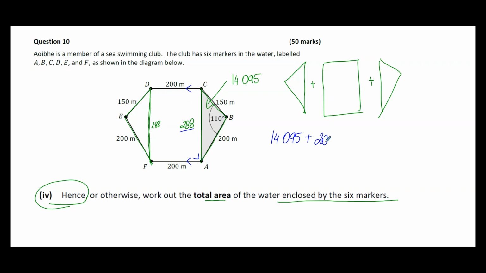So that means 200 multiplied by 288, and then plus the area of that triangle, 14,095. We put that in the calculator, press equal, and we get 85,790 meters squared.